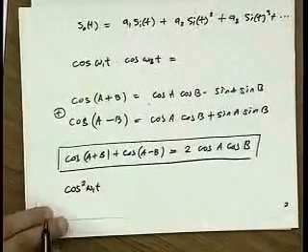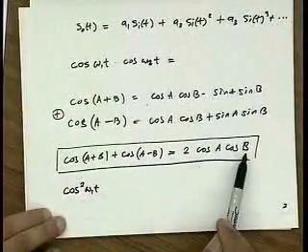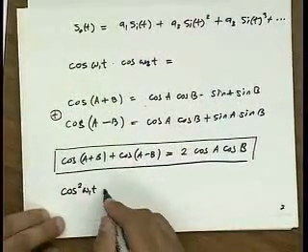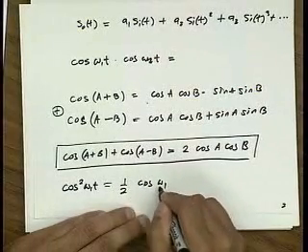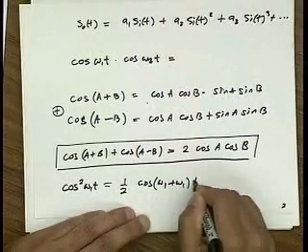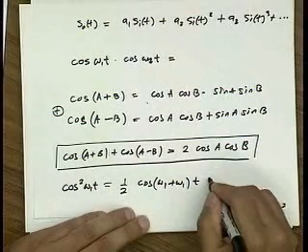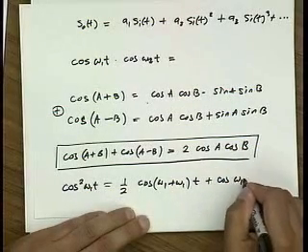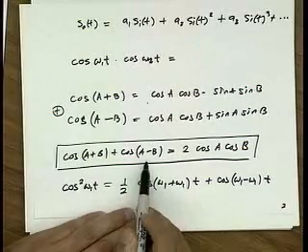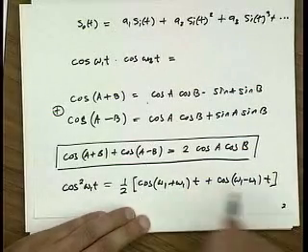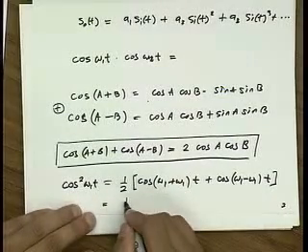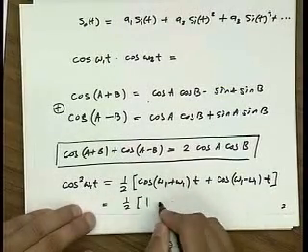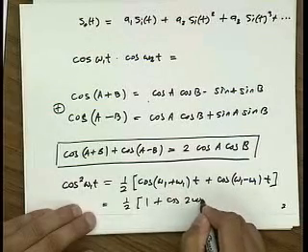Well, cosine squared looks like cosine A times cosine A, so that's equal to 1/2 cosine (omega 1 plus omega 1)t, right? That's that term, plus cosine (omega 1 minus omega 1)t, and that's that term. And so this, of course, is just 1, so we get 1/2 times 1, plus cosine 2 omega 1t.